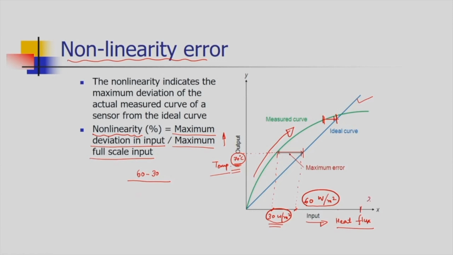If I consider the maximum full scale input as 200 watt per meter square, then it is 30 divided by 200 into 100, which is about 15%. So, a 15% non-linearity error is there in that system. The non-linearity is too high here.